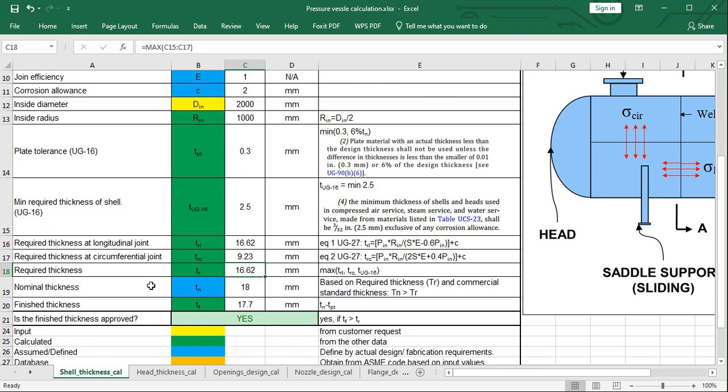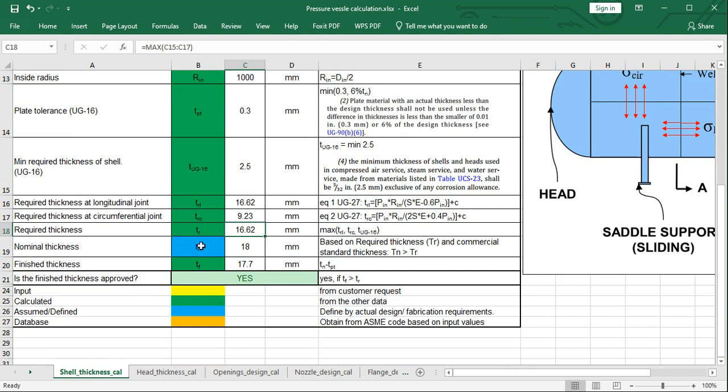The next parameter is the nominal thickness. This nominal thickness is determined by both the required thickness we just discussed earlier and the commercial thicknesses of steel plates in the market. We have standard thicknesses in the market for steel plate.